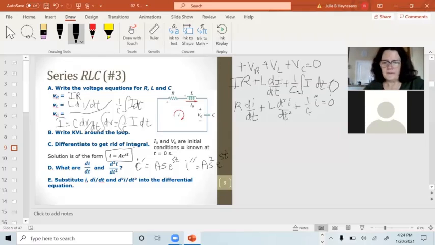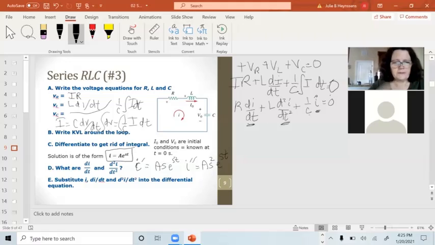I plug in the values: for the derivative of I plug in A s e to the st, for the second derivative A s squared e to the st, and for the non-derivative, I just plug in A e to the st.